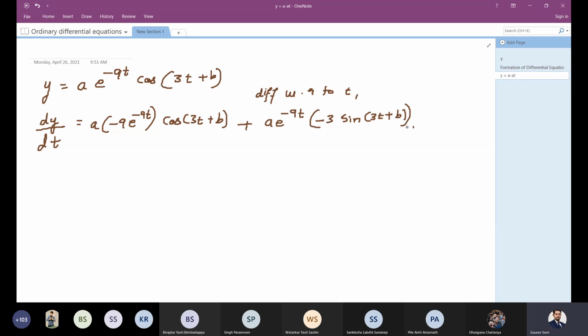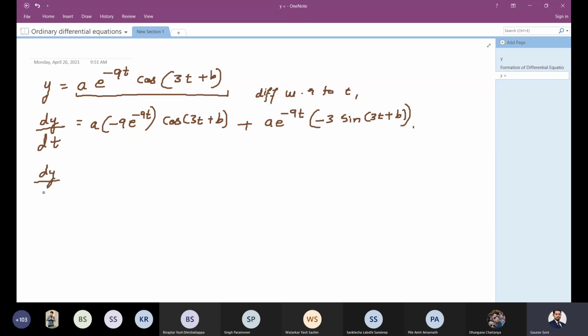In forming a differential equation, you can simplify your calculations by resubstituting values. a e to the power minus 9t cos of 3t plus b is nothing but y.